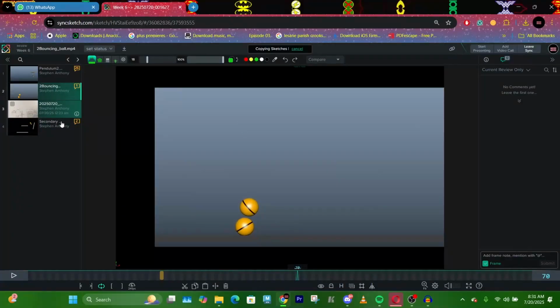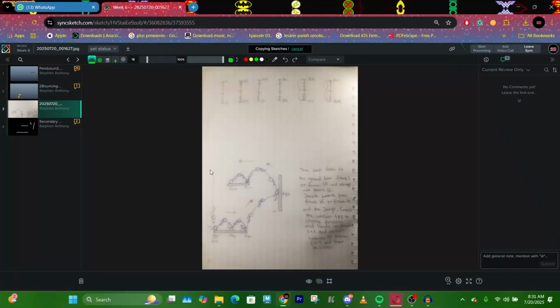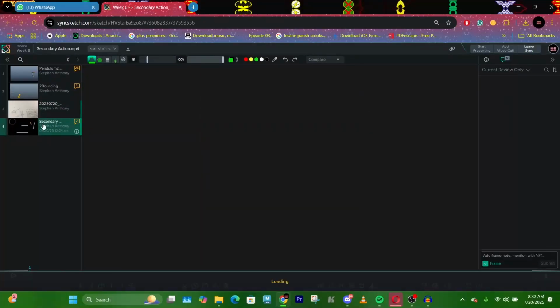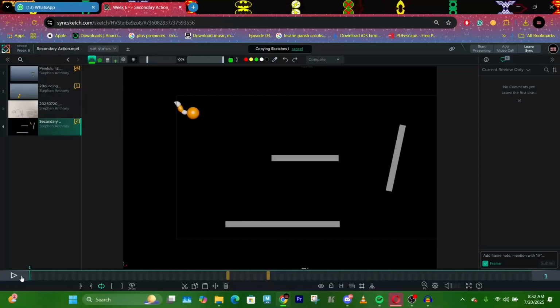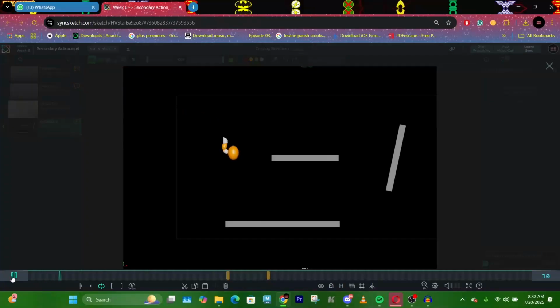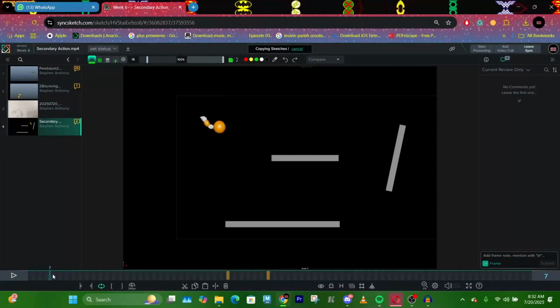Okay, so this is your planning for the overlapping action. So boing, boing, boing. All right, so let's look at it. All right, this is a good block, though I feel like the ball is not snappy, it has lost character, because this exercise is supposed to give your bouncing ball personality, which is why it has a tail, right?